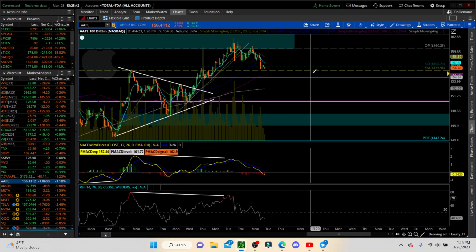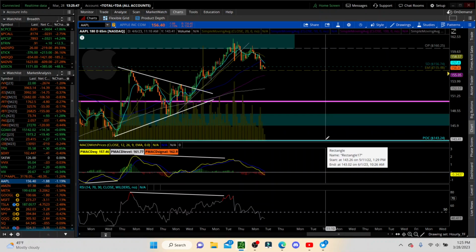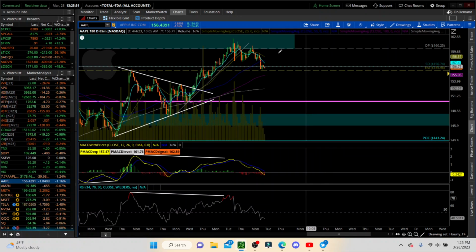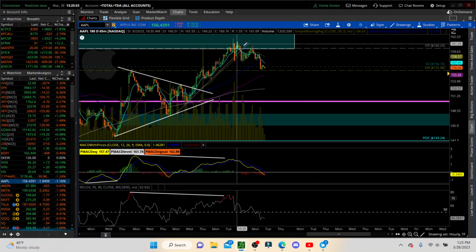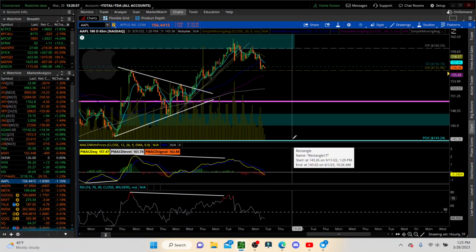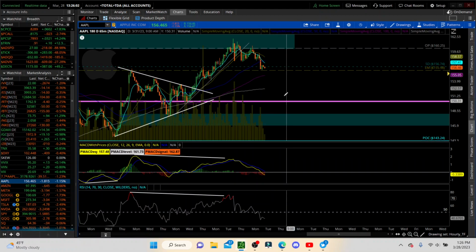Looking at a bigger picture, this is a standard deviation. We have our point of control where all the volume node is, and we start breaking back down into the standard deviation move that we had from Apple. I do think our next point down is to get to that point of control, and we have some volume gaps in between here.